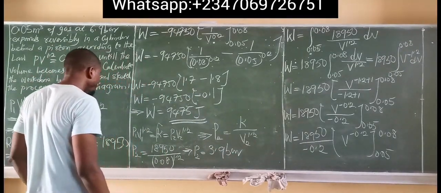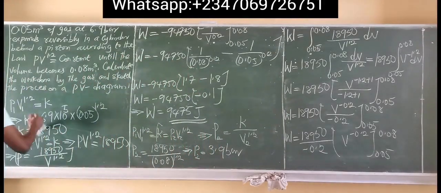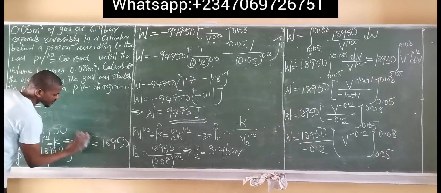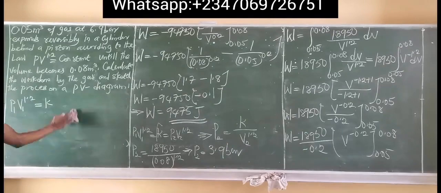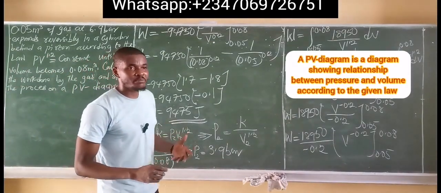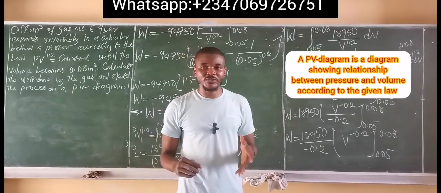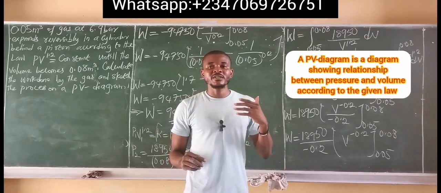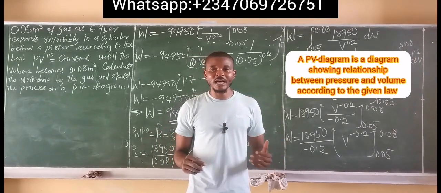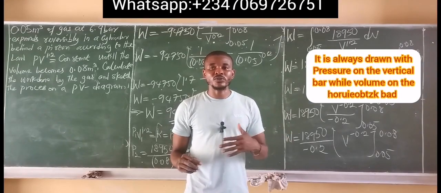All right, so if I know P1 and I know P2, then I can sketch the process on a PV diagram with the information given. So let's do that over here. Now, a PV diagram is simply a diagram showing the relationship between pressure and volume according to the law given in any question, and it is always drawn with pressure on the vertical axis and volume on the horizontal axis.